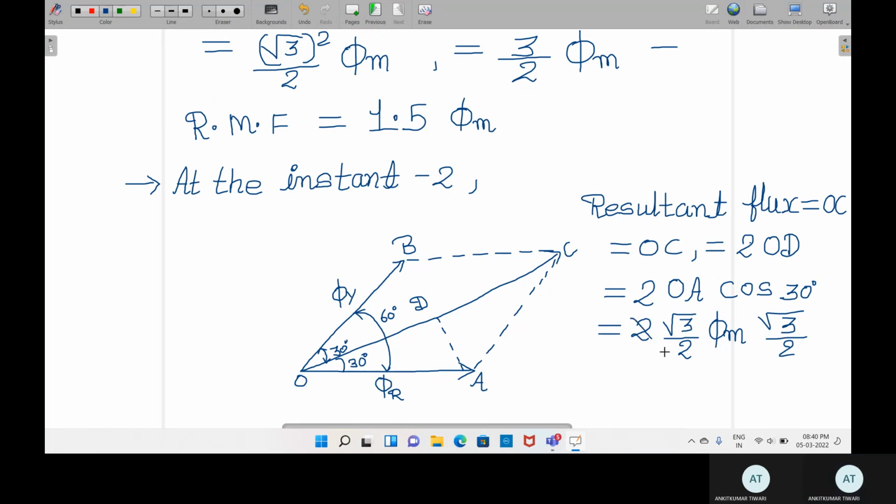So it will be cancelled. The next step will be root 3 whole square divided by 2 into phi m. So what will be?